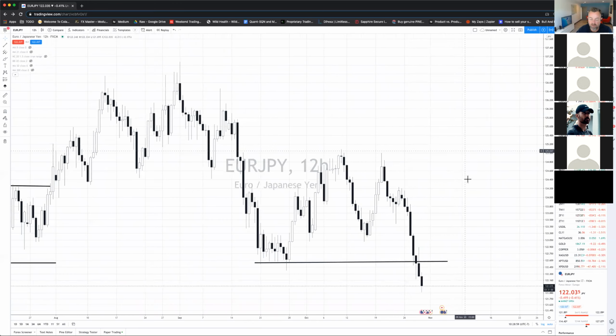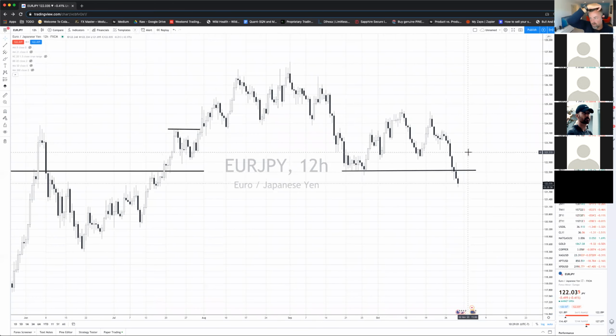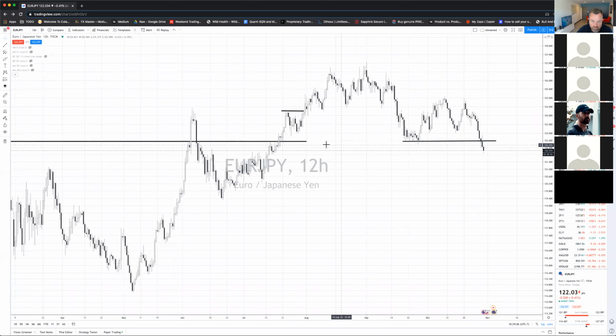Back to it. Let's go back here. Okay, so we broke down this week, Euro Yen. We know that when this one is in play, as you can see, when it broke down pretty hard, it's also doing the same thing over here, broke down pretty hard. So getting short this area, actually, this is what I mean here.